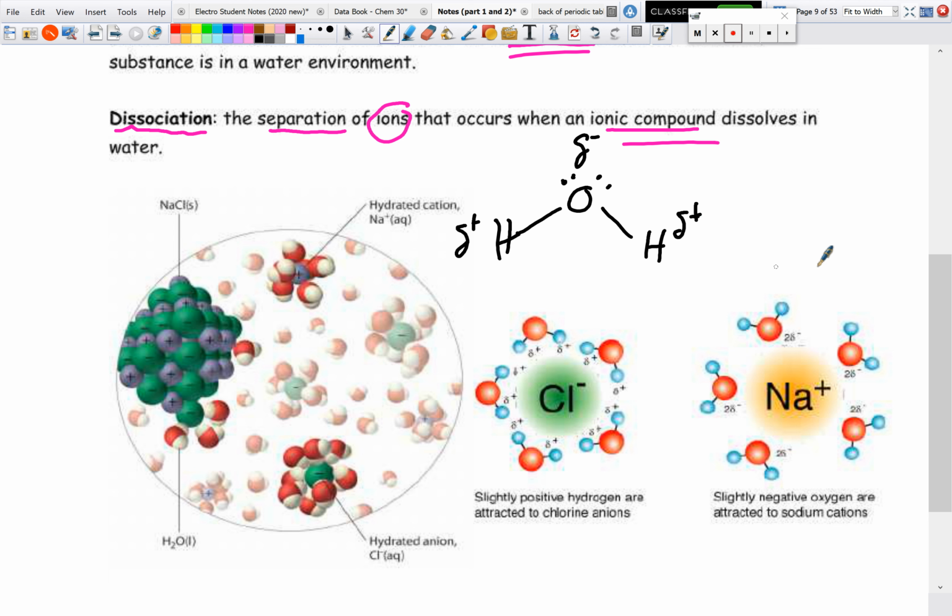So when we have an ionic compound that has full positive and negative charges, the negative end on the oxygen is able to attract the sodium ion. That's what we have showing right here, where that negative end is surrounding that sodium ion. The partially positive ends are able to attract the negative chloride, and this is what pulls apart the ionic compound. Now, if the ionic bond is weak enough, water can pull it apart. If it's strong enough, water won't be able to pull it apart. That's the main difference between what can dissociate and what can't.